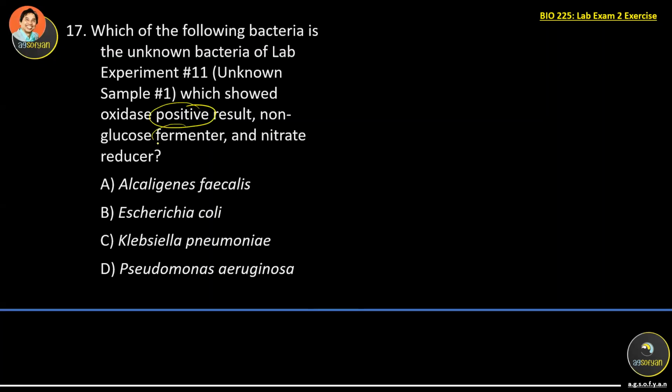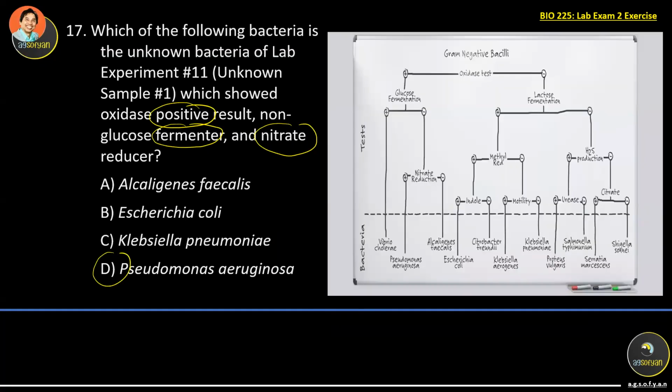Non-glucose fermenter means negative, unable to ferment the glucose, and the nitrate reducer is a positive result. So which one is this? Okay, you will have this dichotomous key to answer that question.